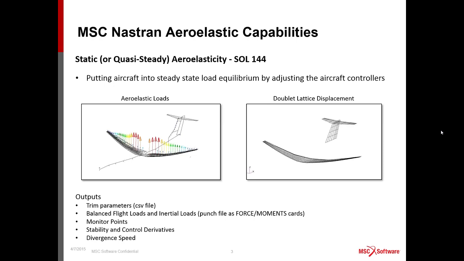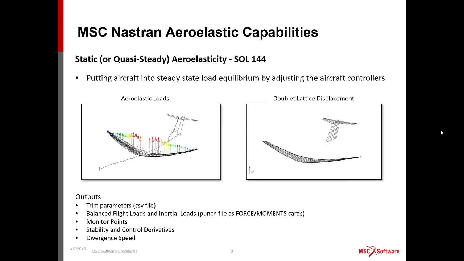We commonly use the doublet lattice method. This is the panel aerodynamic code that we use in Nastran, that has been developed by MSC. But this is something very interesting, because later on I'm going to show you how we can combine the doublet lattice method with CFD data.